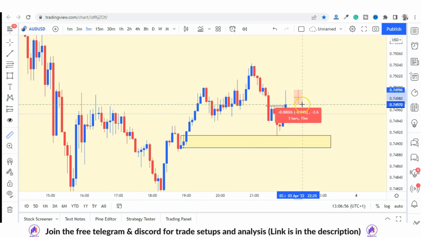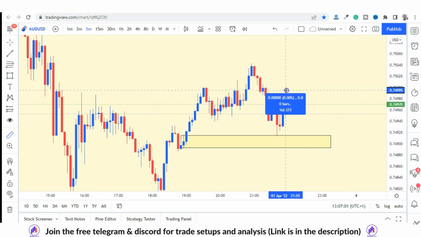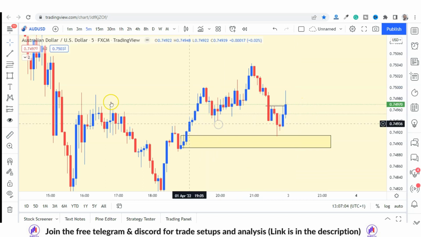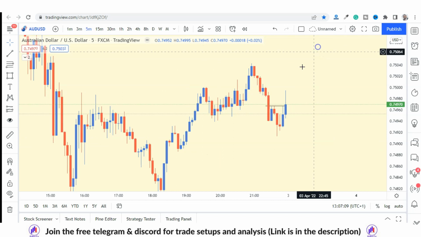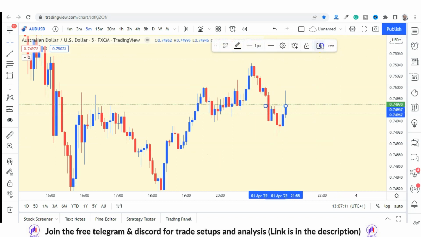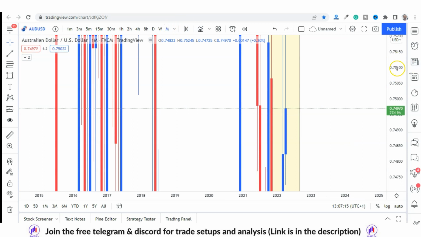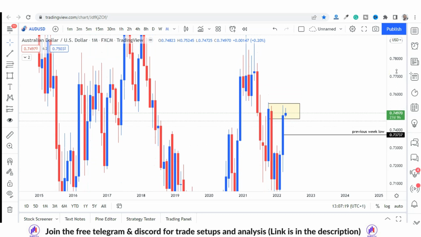From the current price, what am I doing? Sorry, a big sorry please, this is not the monthly time frame. Oh my god, let's go to the monthly. My apologies, please.